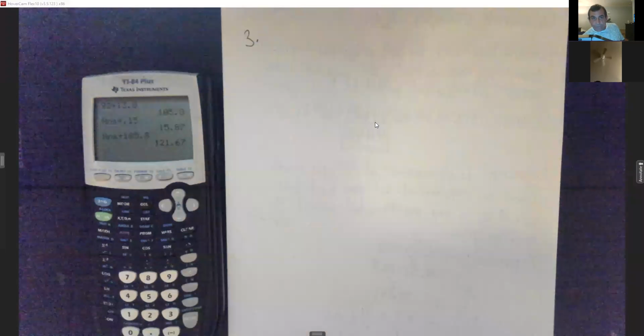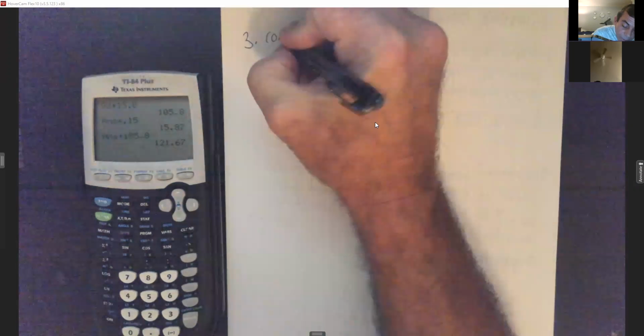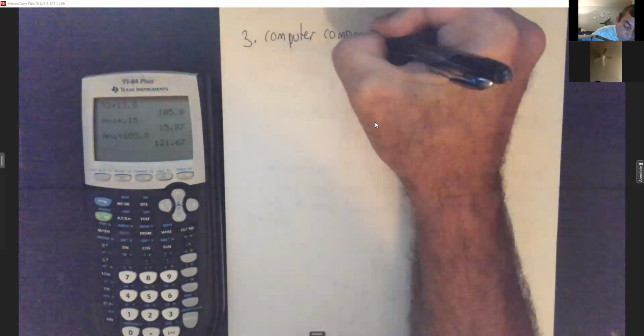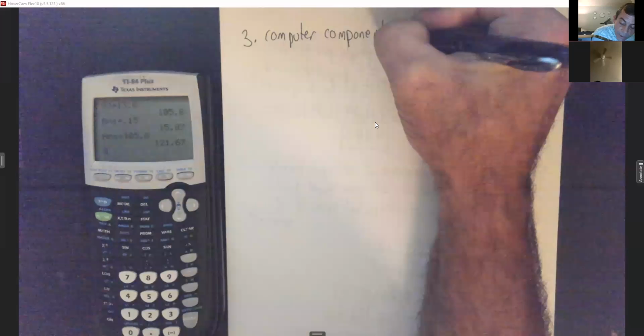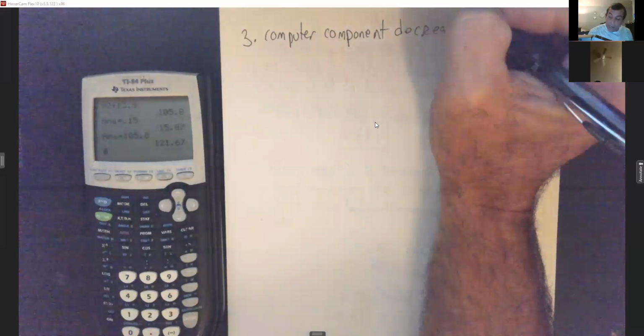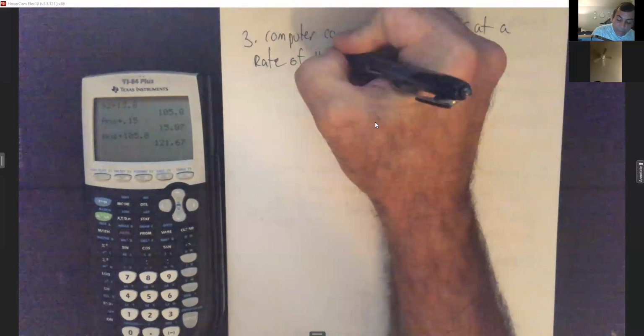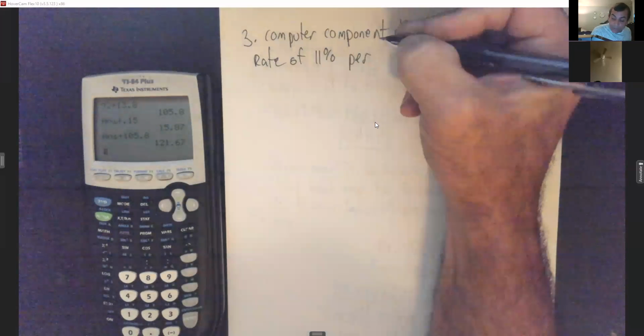All right, number 3 deals with computer equipment. The price of a computer component is decreasing at a rate of 11% per year.